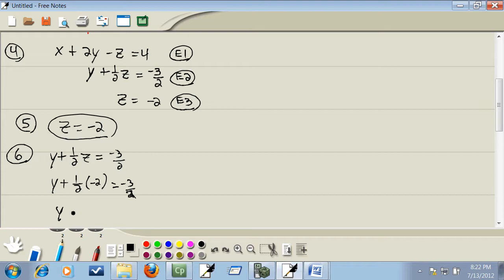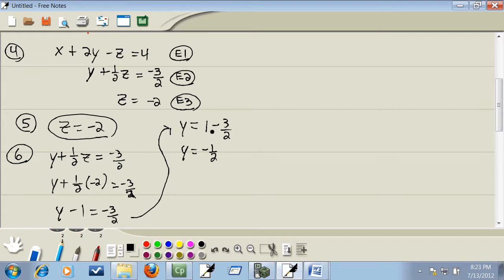One-half times negative 2 gives us negative 1, equals negative 3/2. Take the negative 1 to the right side and it becomes a positive 1. So 1 minus 3/2 gives us negative 1/2.